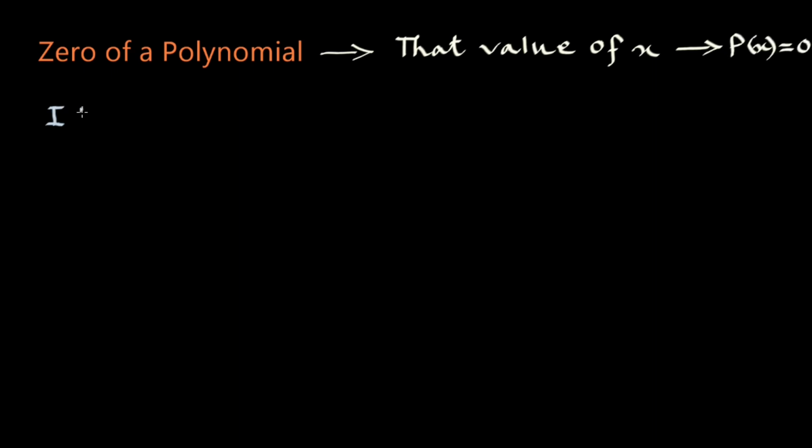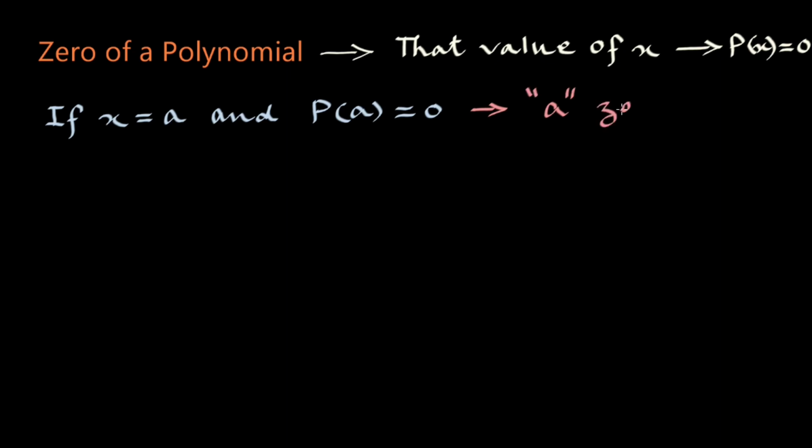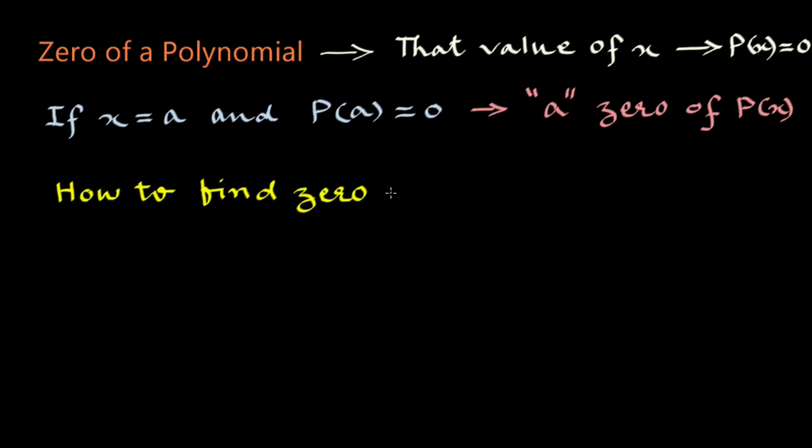Zero of a polynomial is that value of x for which value of polynomial p(x) is 0. If x equals a and p(a) equals 0, then a is zero of polynomial p(x). Now how to find zero of a polynomial p(x)? For example, suppose p(x) is 4x square minus 25.